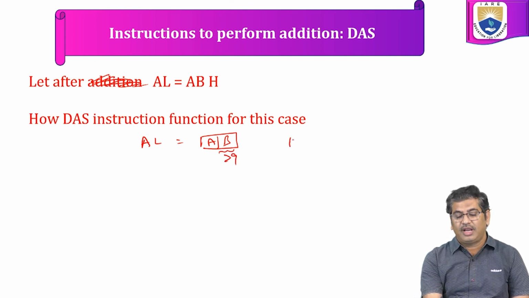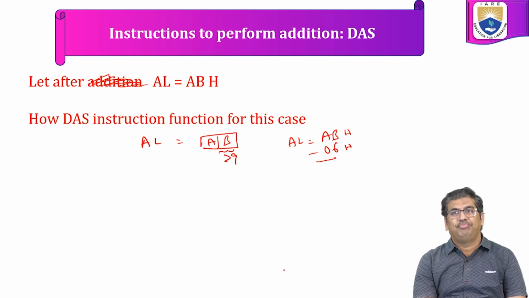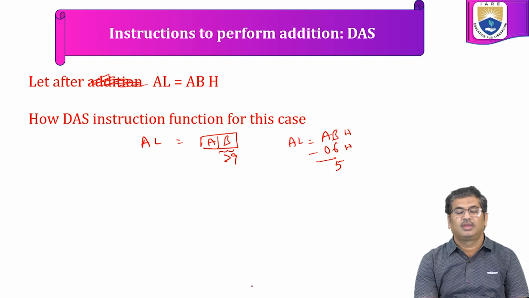We have to subtract 06 from the AL register contents. It is a hexadecimal subtraction. B minus 6: in decimal, B is equivalent to 11. 11 minus 6 is 5. A minus 0 is A. So after the first step, the result in the AL register is A5.